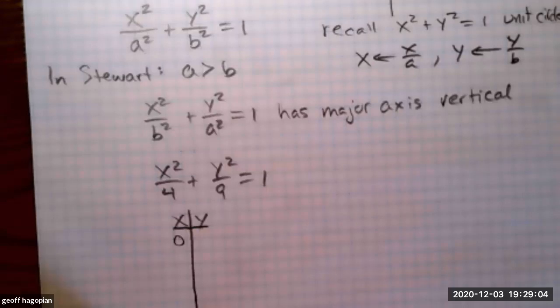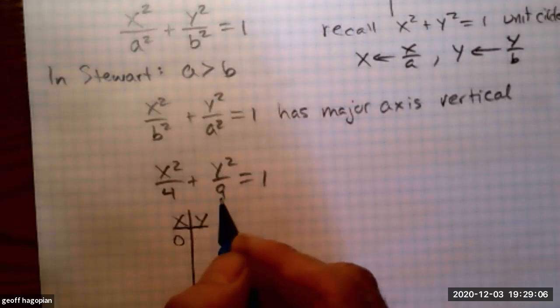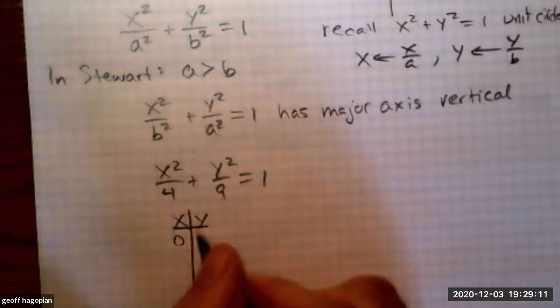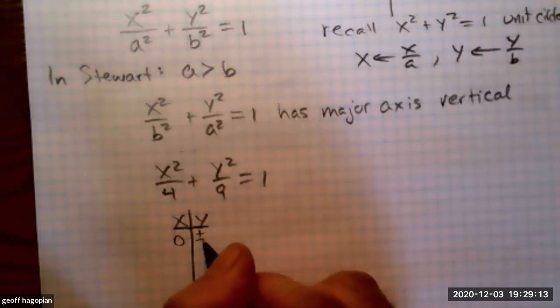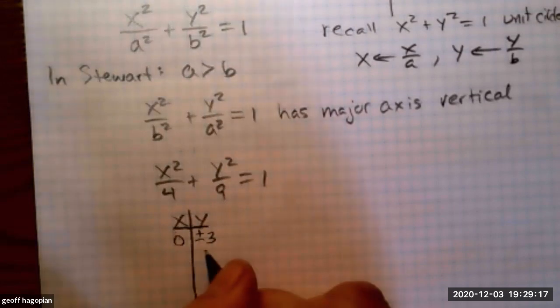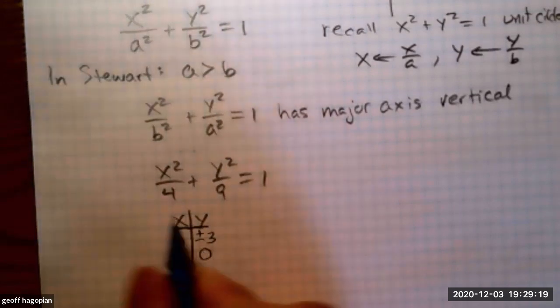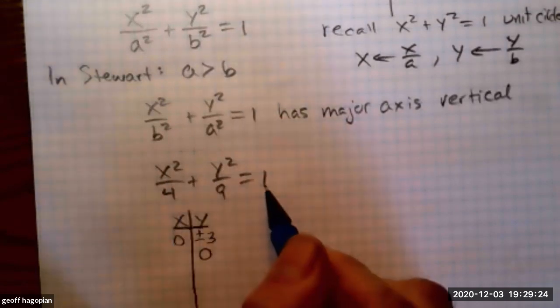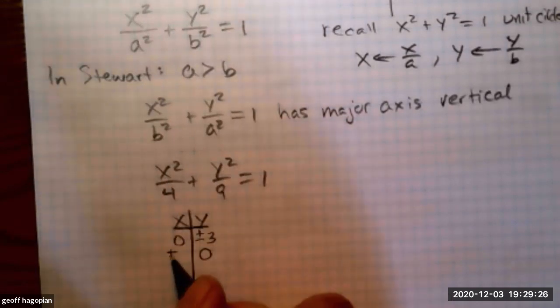What values of y will make y squared over 9 equal to 1? Well, y squared would have to be 9, so plus or minus 3. Those are the y-intercepts. What are the x-intercepts? If y equals 0, you play the same game: x squared over 4 equals 1, so x is plus or minus 2.